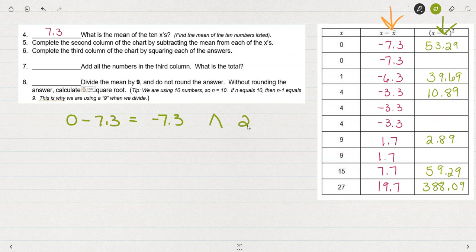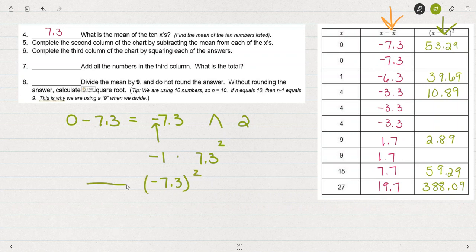Sometimes, depending on what calculator you have, your calculator may or may not accept that negative 7 3/10 correctly, because your calculator may be calling it negative 1 times 7 3/10 squared, or your calculator may be doing this.